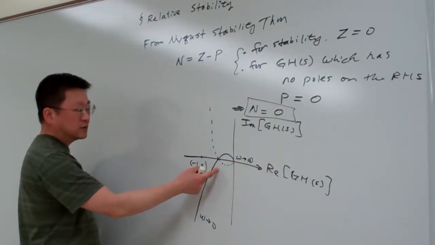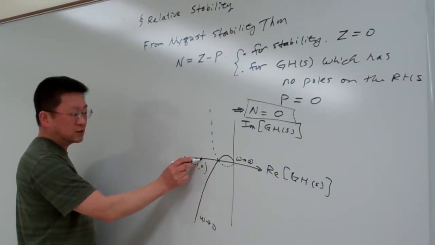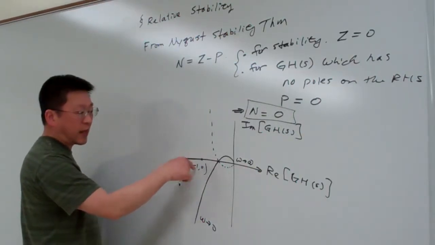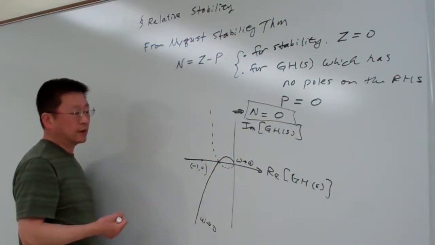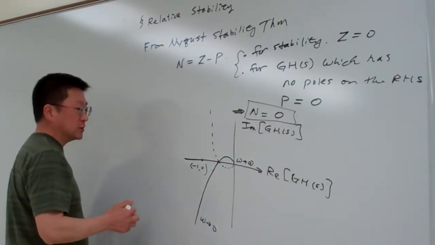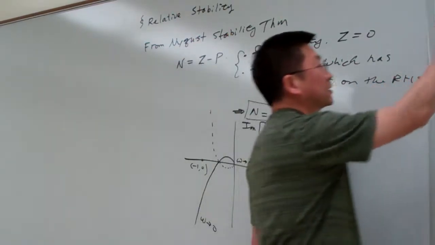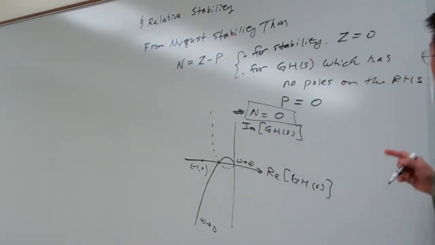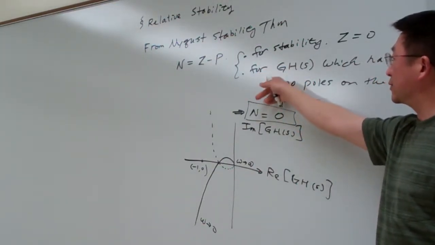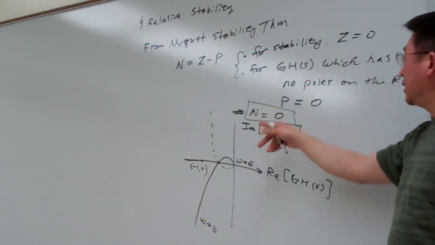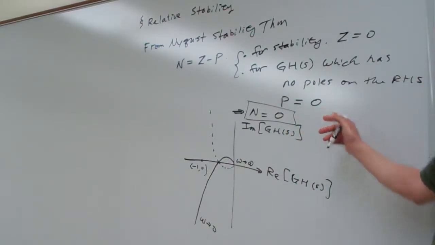Under these situations, you can see the point minus 1, 0 is outside, not encircled by this plot. Right now for these sections in particular, we focus on the two special situations, and that means P equal to 0 here.